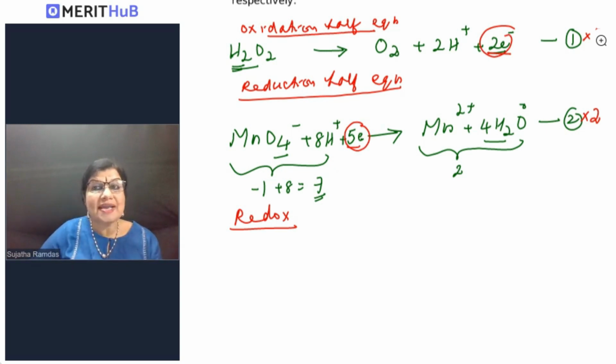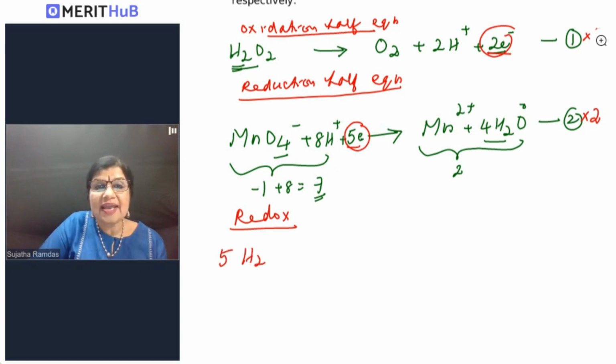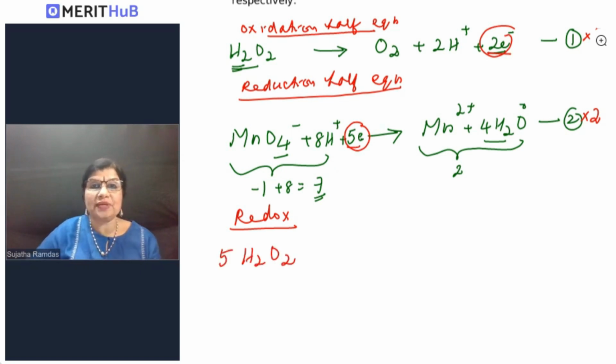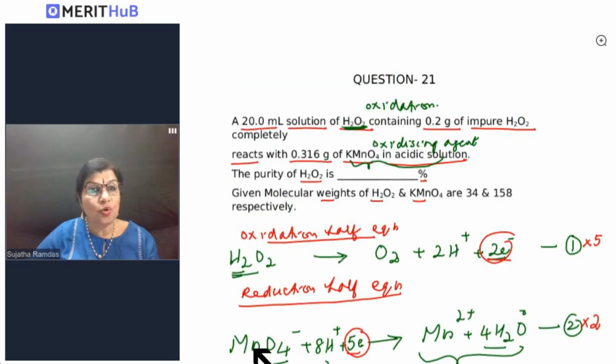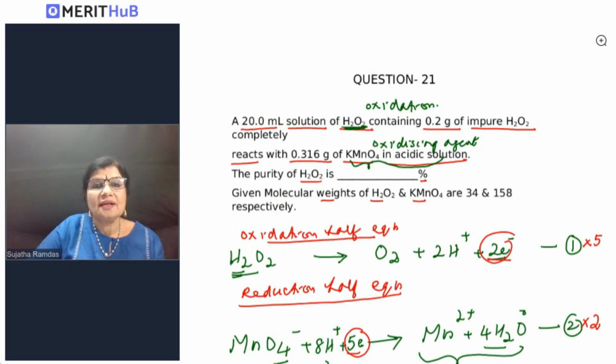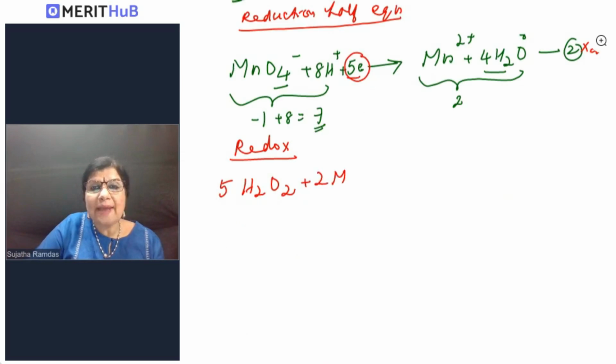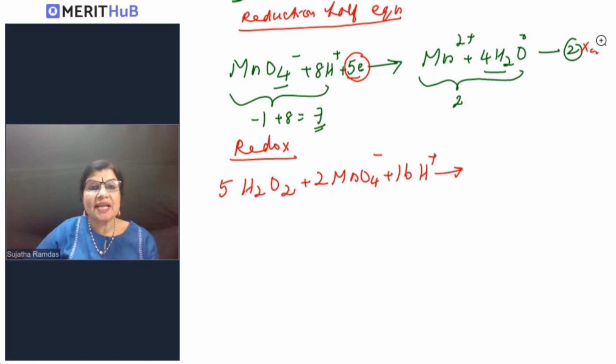So when you multiply equation 1 by 5, we get 5H2O2, right? And on the reactant side, we also have MnO4 minus and 8H plus multiplied by 2. So we get plus 2MnO4 minus plus 16H plus. Let's go back to equation 1.